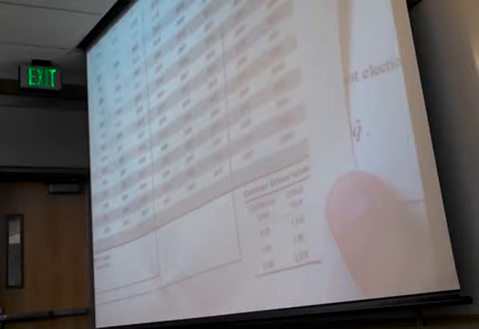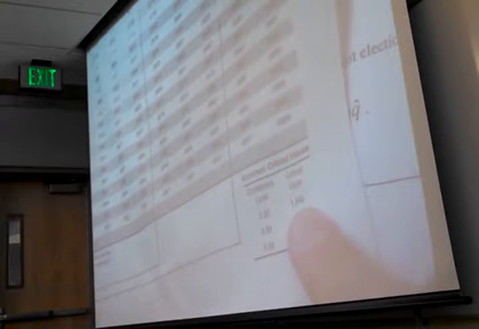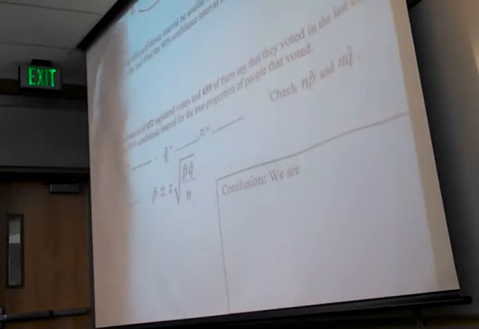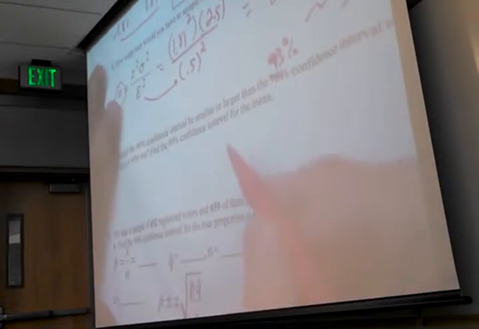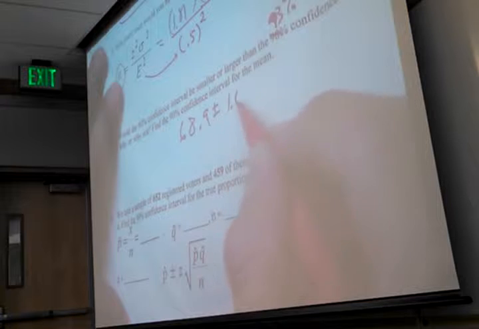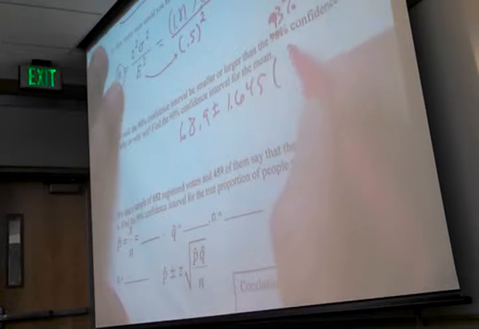Here's your positive z-score chart. 0.90. This is what we did earlier, right? 1.645. So to do this work, it's relatively quick. We've already done the work. We just have to put the right number in now. So I do all the same work, except instead of using 1.81, I just use 1.645.